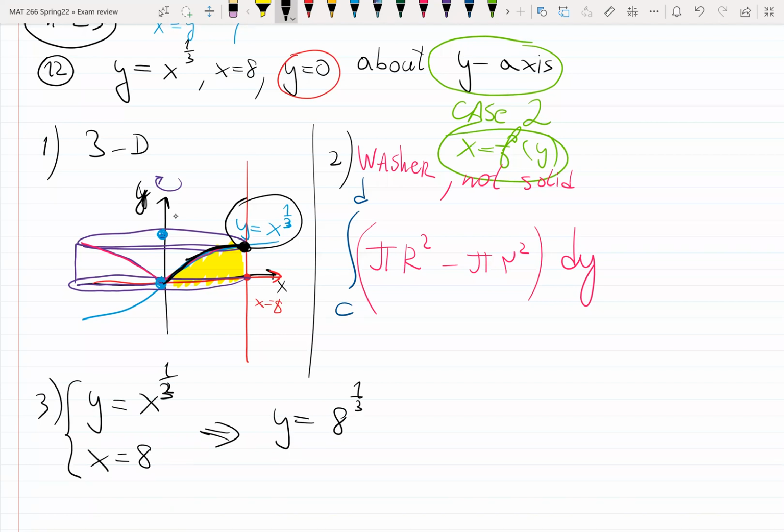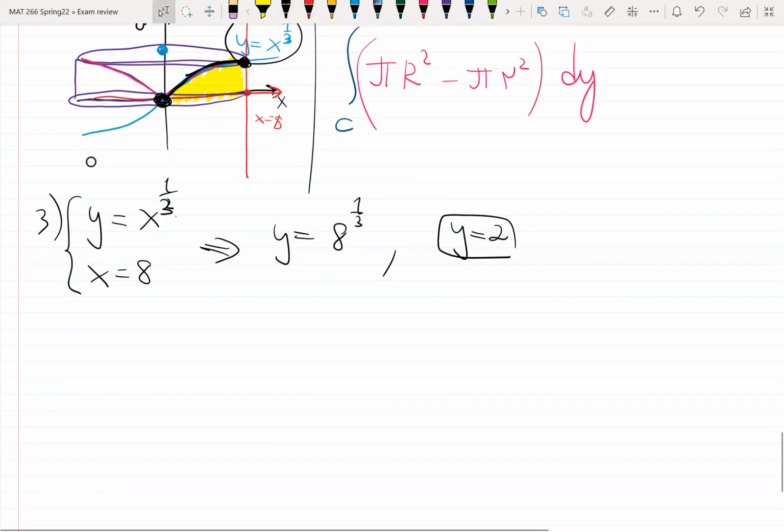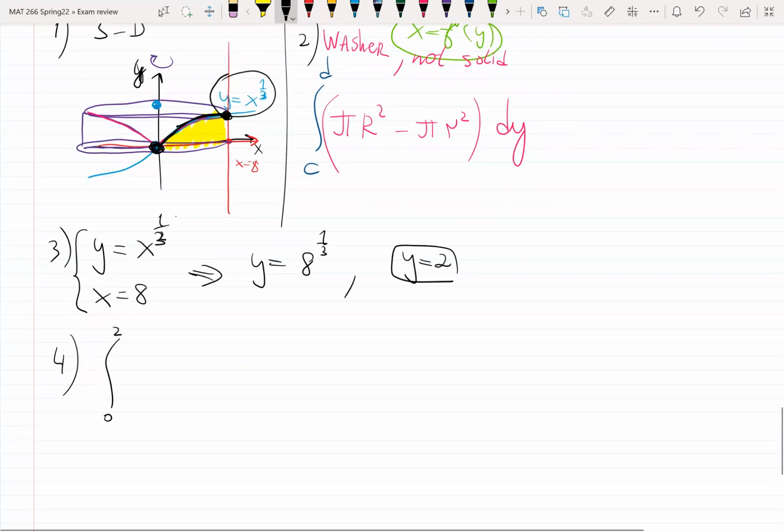What is that? That's 2, since 2 times 2 times 2 is 8. That's the third root, right? So y equals 2 is the height of the object. And the other one comes from the intersection of y equals 0 and y equals x to the 1/3, so y equals 0 is the other point. Anyway, the integral becomes from 0 to 2. That's the height of the 3D object.